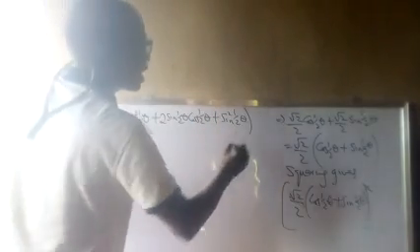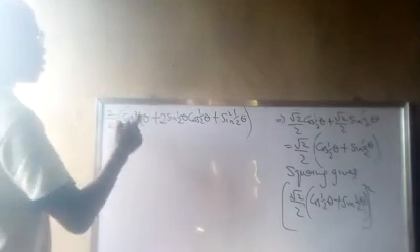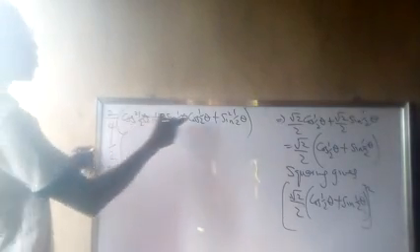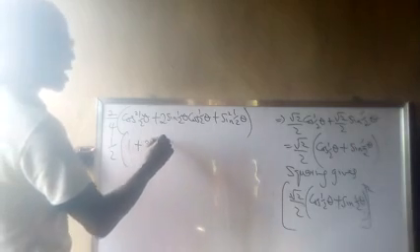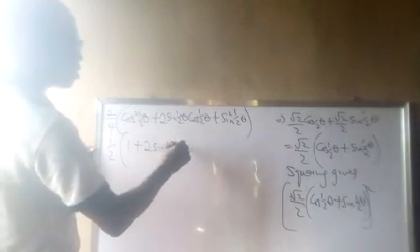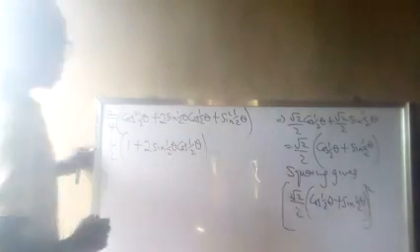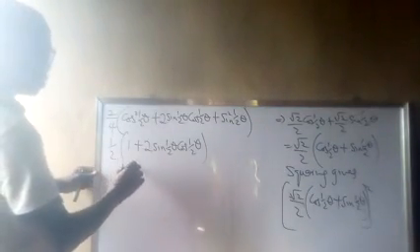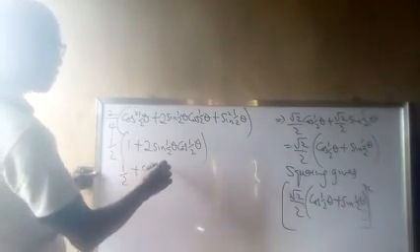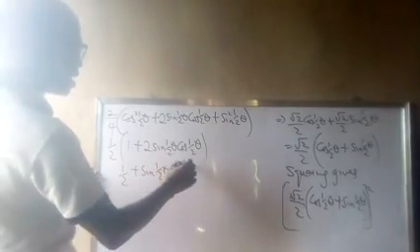That's the expansion, following the previous method used. So this is 1 over 2 into cos square half theta plus sine square half theta, that's 1, plus 2 sine half theta cos half theta. So by the time you expand this, you have 1 over 2 plus sine half theta cos half theta.